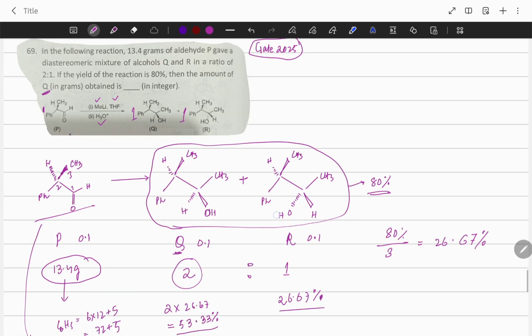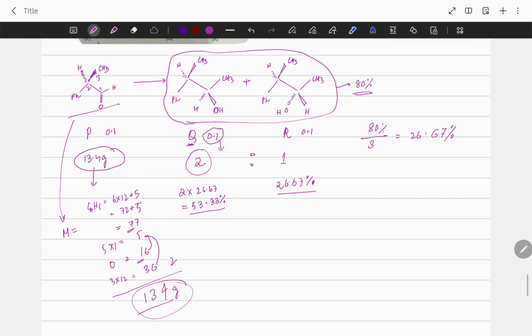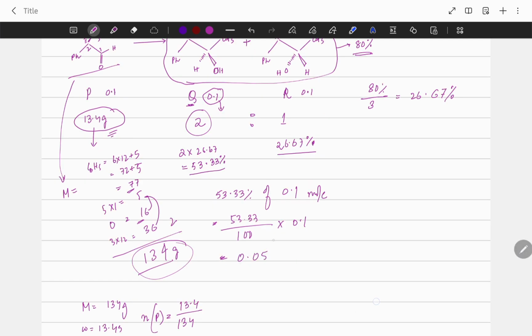So this one in grams. According to the reaction it will produce 1 mole, isn't it? So what is 53% of this 1 mole? That's what you have to find out. 53.33 percentage of 0.1 mole will be 53.33 by 100 into 0.1, 0.0533 mole.